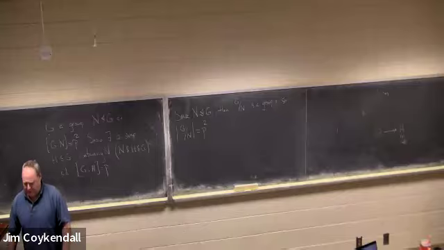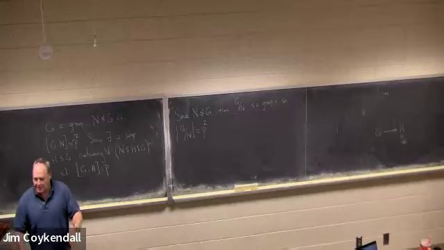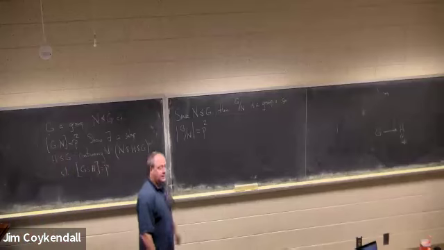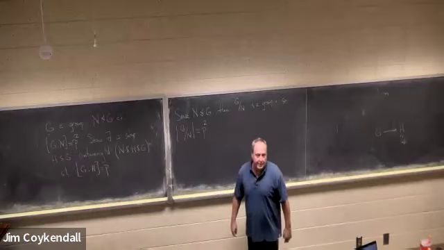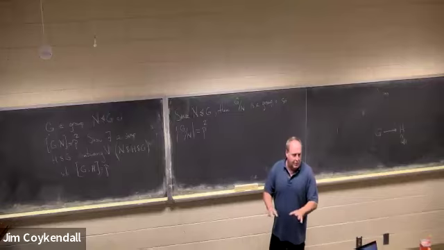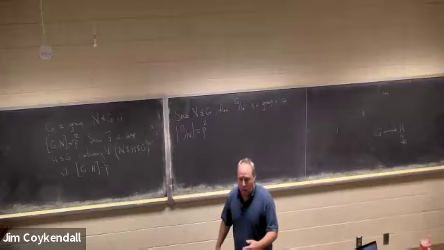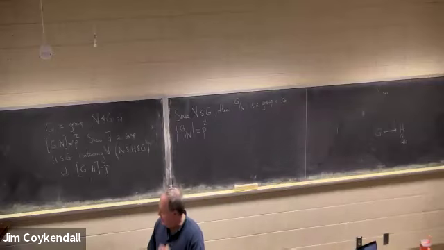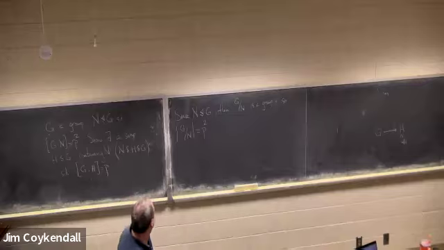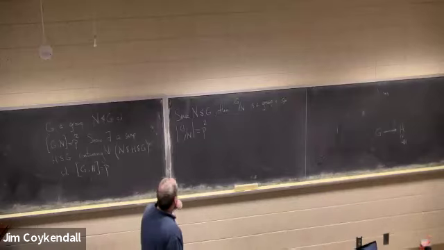I certainly did not say that P was prime. I can only assume that I told my poor hapless students that he was prime during a test. Got to correct it. But yes, I do need P to be prime. Otherwise, the problem's not true. If P was 6, this doesn't work in general. Thank you for pointing that out. I'll try to remember to fix that. Yeah, P must be prime here.